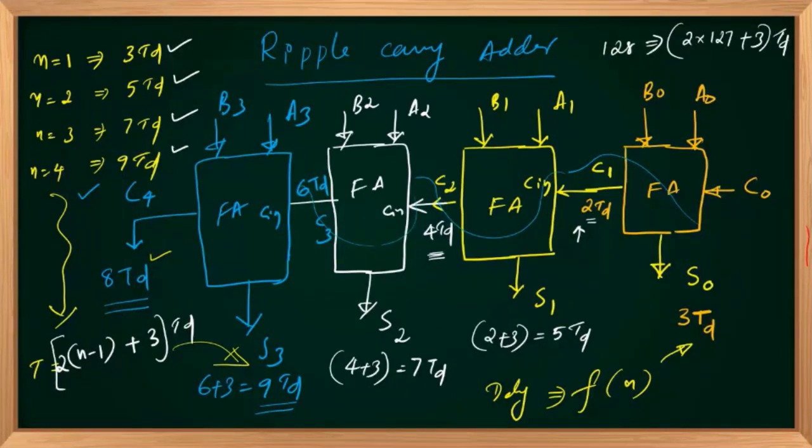After an addition, it should wait for at least 2 times n minus 1 plus 3 times gate delays, where n is the number of adders we are having in the ripple adder, right? So it's a slow device. It will take much time to produce the proper result if we are increasing the number of stages, or if we are increasing the number of bits to be added, right? Clear? This is okay, right?